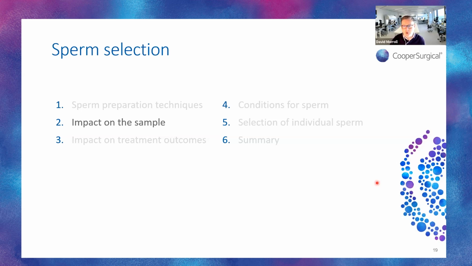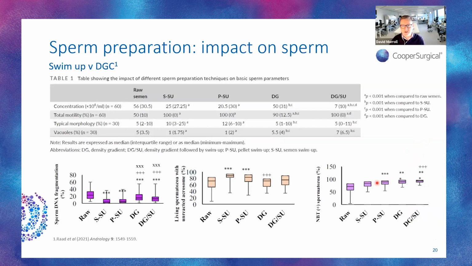And actually, if you look through the literature, that's largely borne out by a lot of the studies. So this is one from 2021 from Rad and colleagues, just doing a comparison of swim up and density gradient. And what it shows really nicely is that if you look across the board, swim up and density gradients will reduce the level of DNA fragmentation.